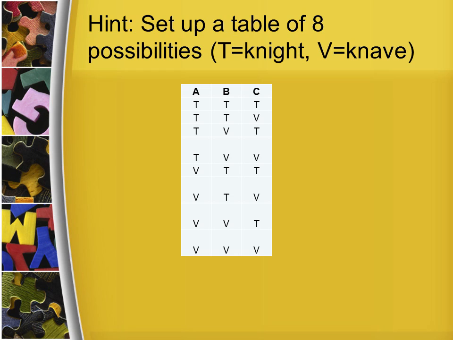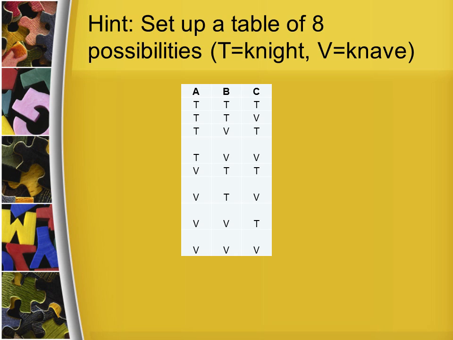If you notice, the way I set this up is kind of binary. Under the column of A, the first four that I listed are T's, then the second four are V's. Under the column of B, I have two T's, two V's, two T's, two V's alternating.